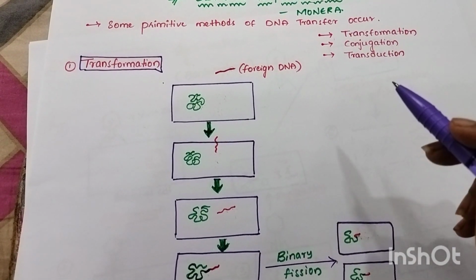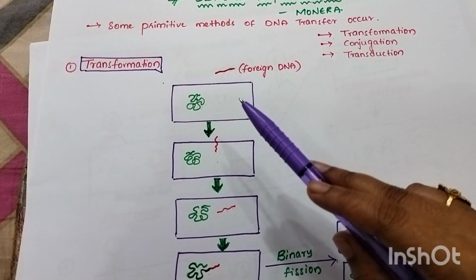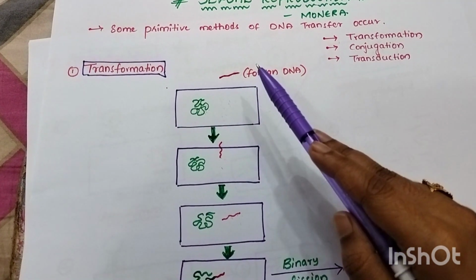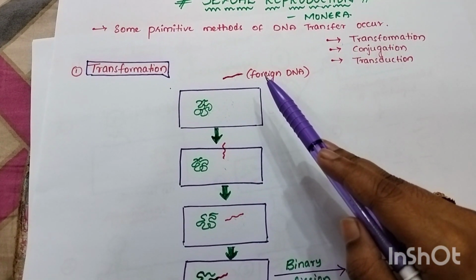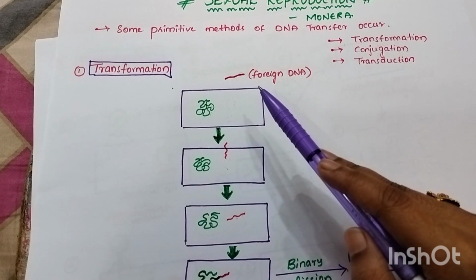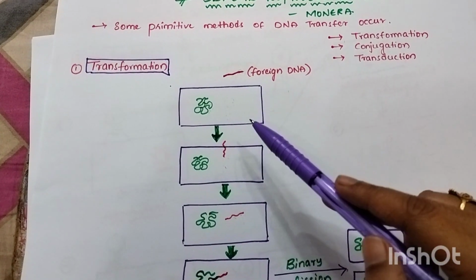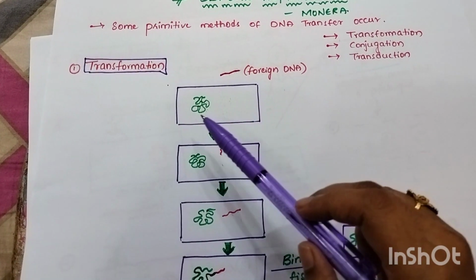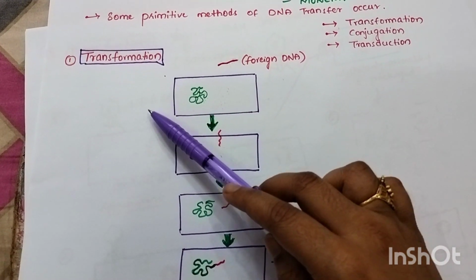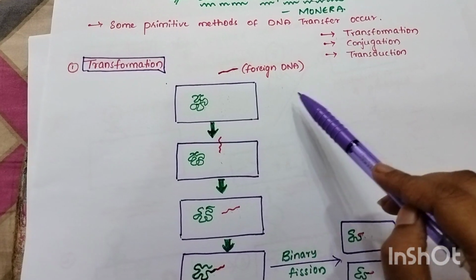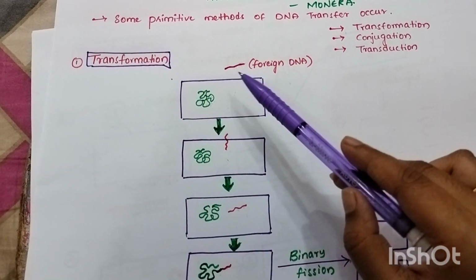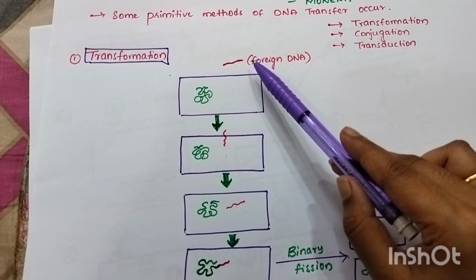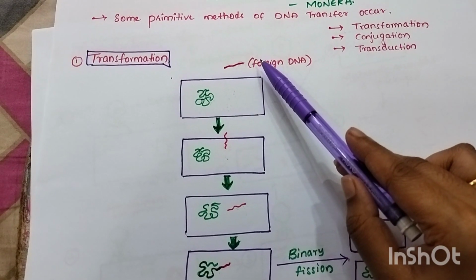Transformation is a type of sexual reproduction in which the bacterial cell takes up foreign DNA and incorporates that foreign DNA into its own genetic material. Let's say this is a bacterial cell and it has its own genetic material, and let us assume this external space is the external environment, and there is a piece of foreign DNA present in this external environment.